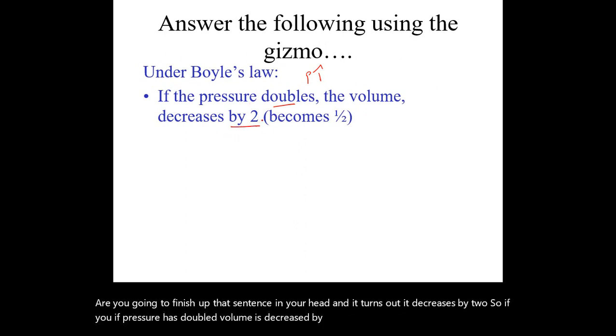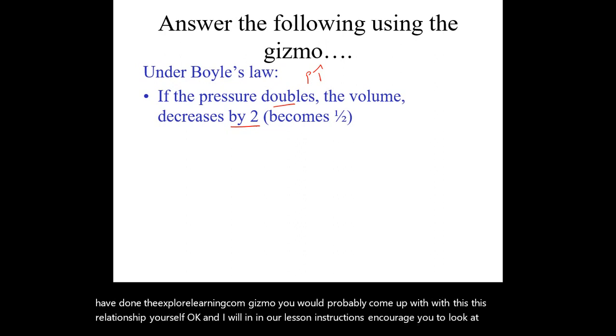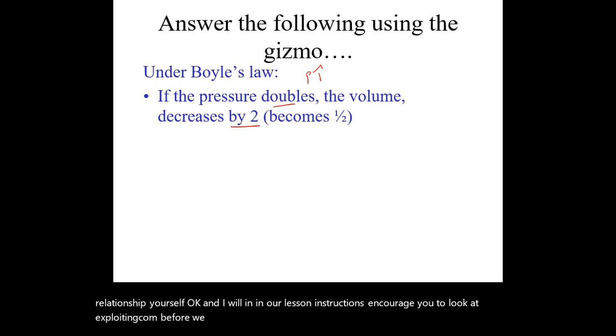If you have done the explorelearning.com gizmo, you would have probably come up with this relationship yourself. I will in our lesson instructions encourage you to look at explorelearning.com before you watch this lesson.